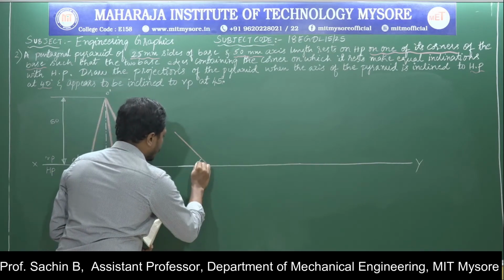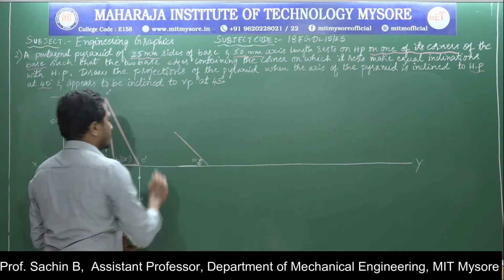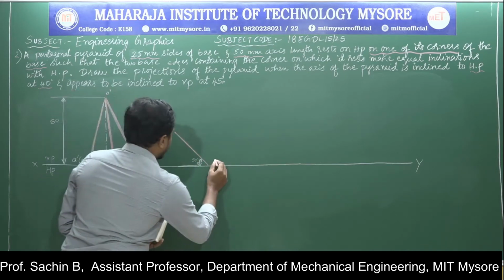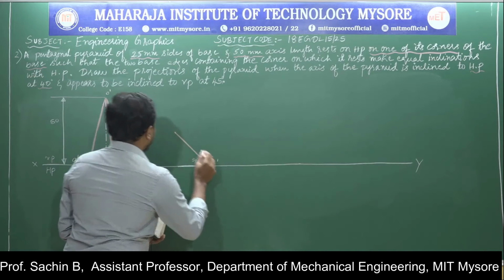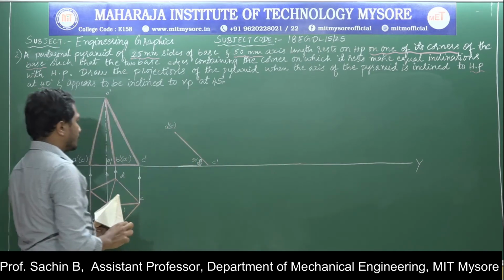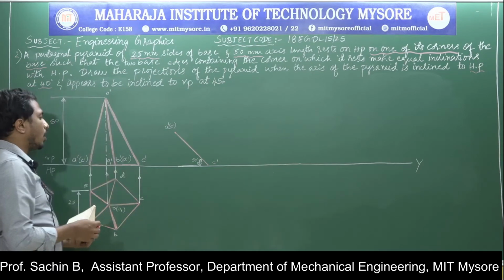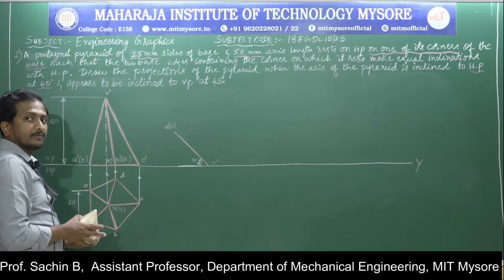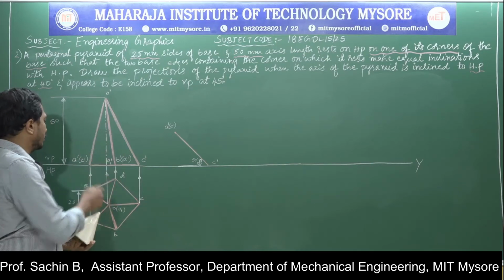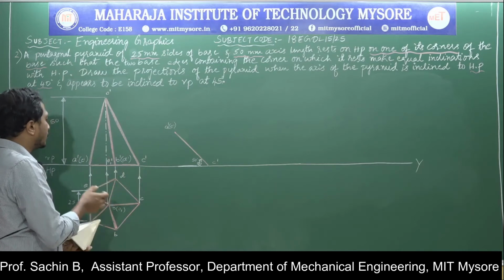This is 50 degrees, this point is C dash, and this is A dash to E dash. Now I will bring the remaining corners and the remaining part of the front view of the object in the first position. Now A dash, E dash and C dash are available.